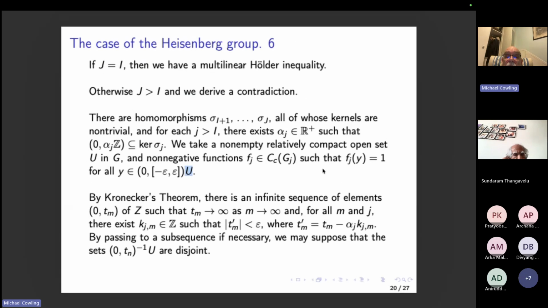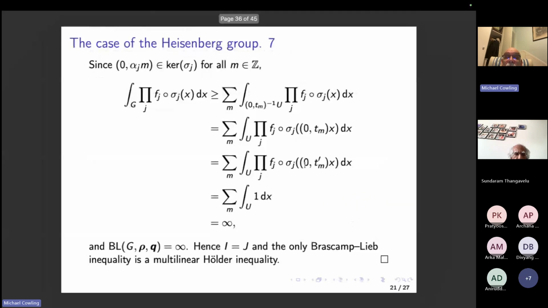The Tm prime was given by this expression here. It differs by an integer multiple of alpha j. So this is just an identity. And this is equal to 1, and I've got an infinite sum of integrals that have to be positive, even though they're finite. And so this is infinite. And this says that the Brascamp-Lieb constant has to be infinite.